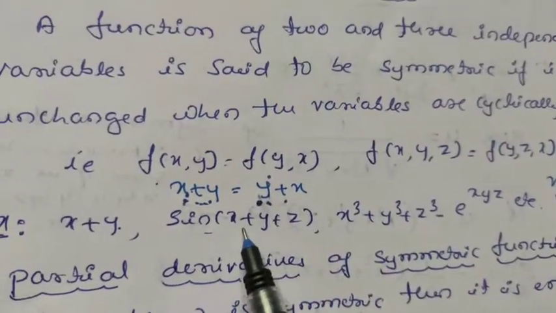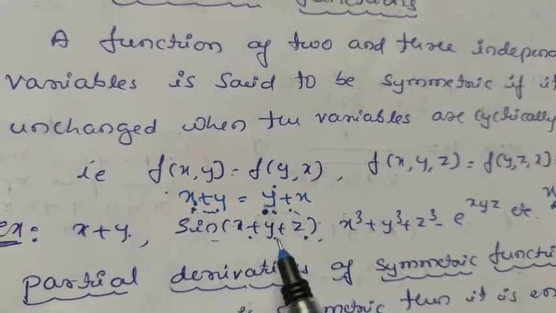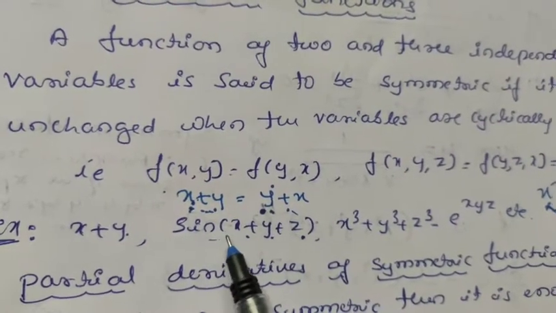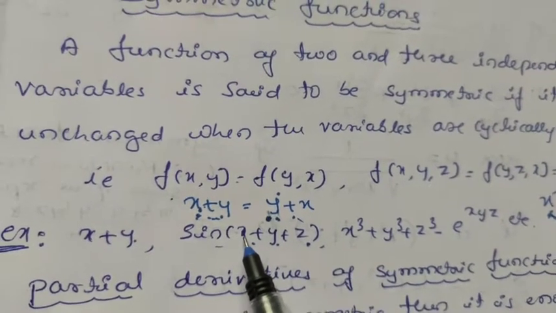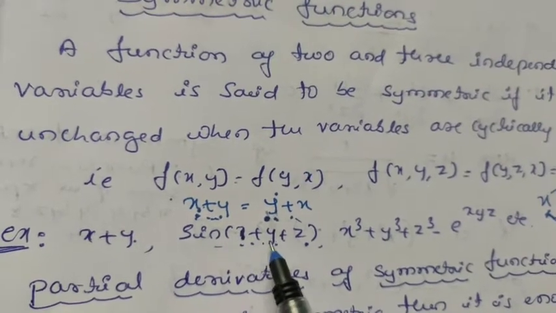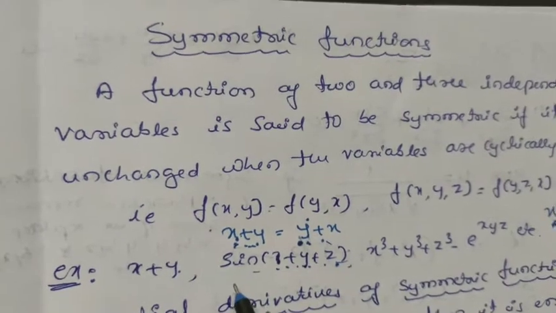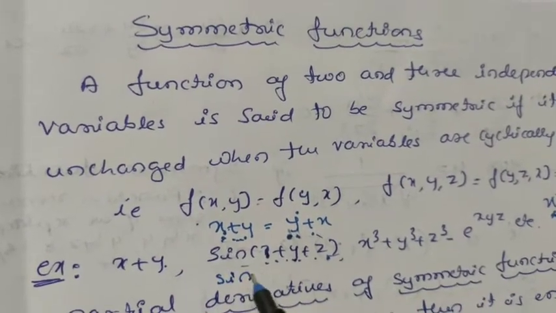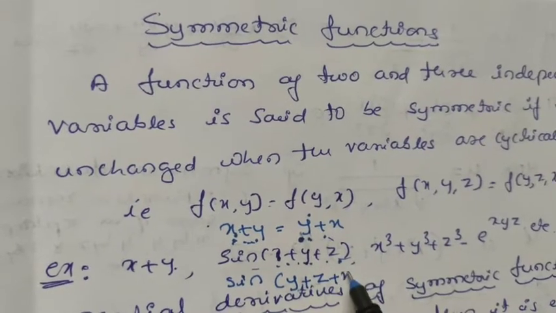Let us take one more example. This is sine of x plus y plus z. It is a function of 3 variables. Suppose it is f(x,y,z). Then if you replace x by y, y by z and z by x, it becomes sine of y plus z plus x.